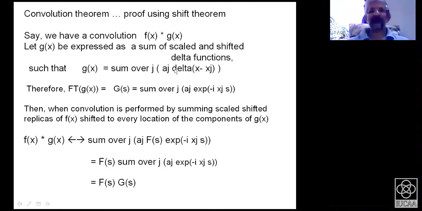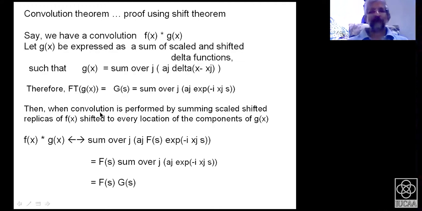And so this description will give us a delta function based discrete description of g(x). So for the Fourier transform of g(x), which is capital G(s), you can show using just the shift theorem, where a delta function shifted by some amount amounts to a phase gradient, and the scaling still remains because of the linear relationship of the Fourier transforms. And you will find that this is the Fourier transform of g(x).